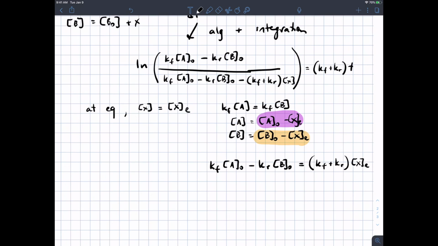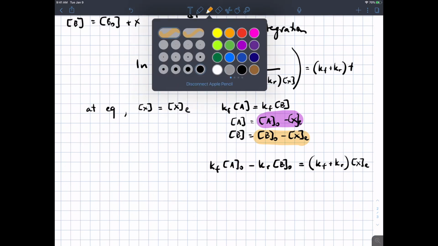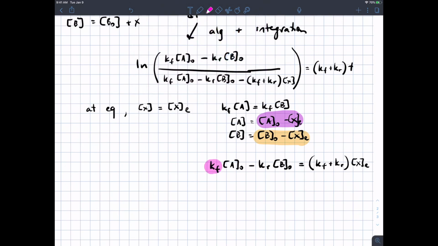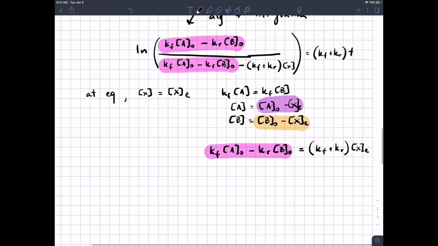But now, conveniently, we found something here that appears in our complicated expression up top. And this is going to allow us to make all kinds of convenient cancellations. So we're going to substitute this for whatever is pink above.